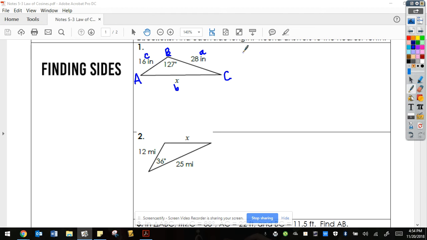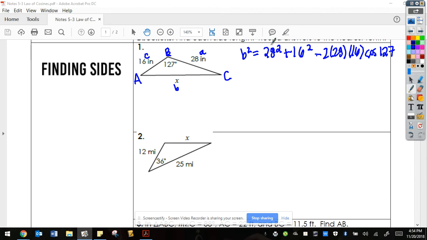So what we're going to do here is b squared equals, all right, and then we use our a and our c. So we have 28 squared plus 16 squared minus 2 times 28 times 16 times cosine of 127.